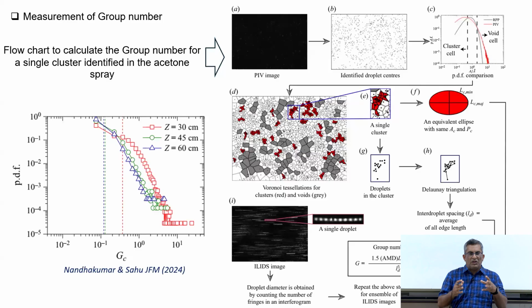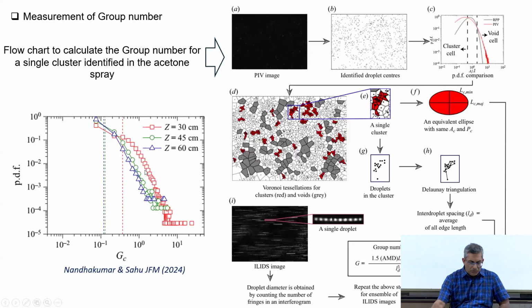If it is of the order of 1, then we have internal group evaporation, and if it is much more than 1, then we have external group evaporation, which means you have a dense cloud of droplets where evaporation can even stop within the core of the cloud. What is interesting is that all of these modes are present, so we have multi-mode group evaporation or gasification going on.